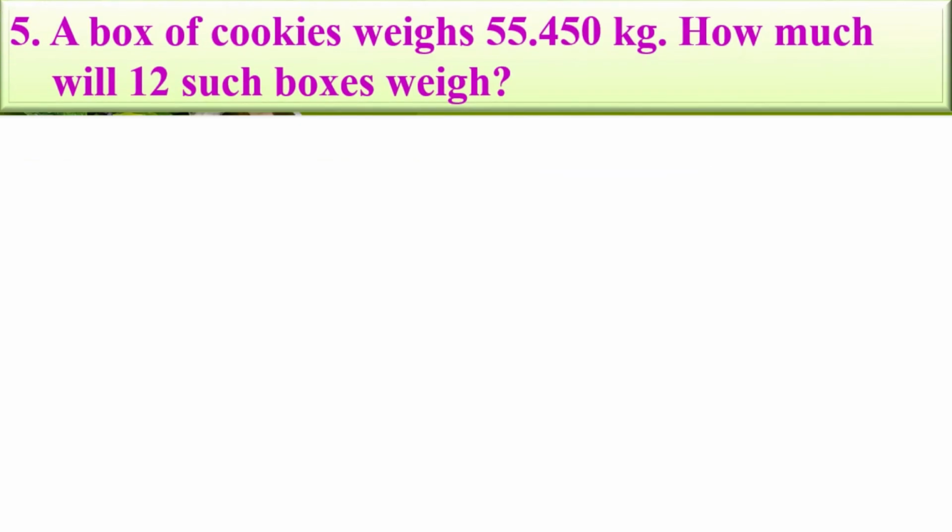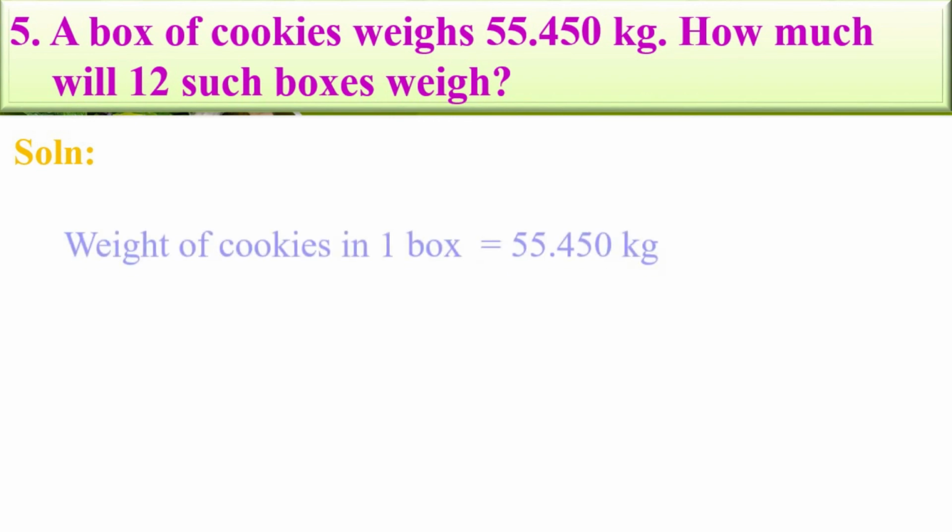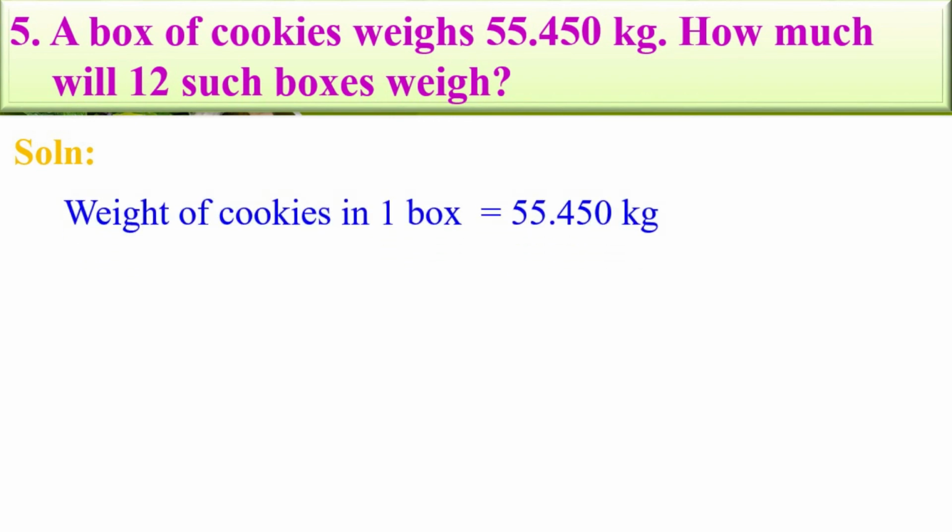Fifth one, a word problem. A box of cookies weighs 55.450 kilograms. How much will 12 such boxes weigh? Let us find the solution. First, write the statement. Weight of cookies in one box is 55.450 kilograms.